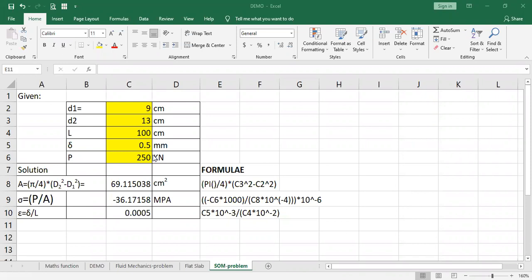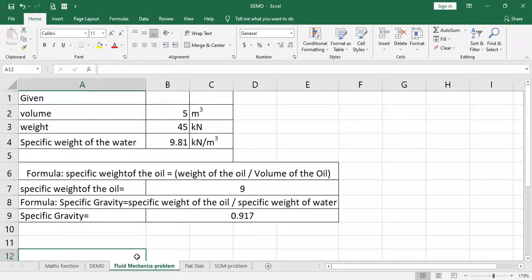Now let us consider this particularly. These are the worksheets. Out of these worksheets, I have clicked on the fluid mechanics problem worksheet. Here, suppose the given part is there. In the given part, it is mentioned that volume is 5 meter cube and weight is 45 kilonewton. Also, the specific weight of water is 9.81 kilonewton per meter cube.